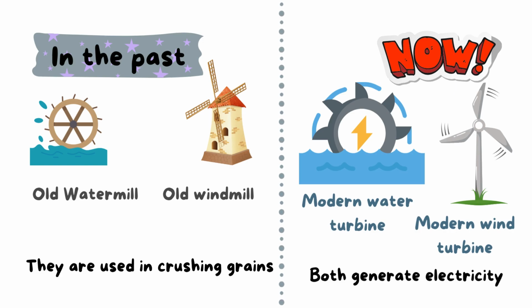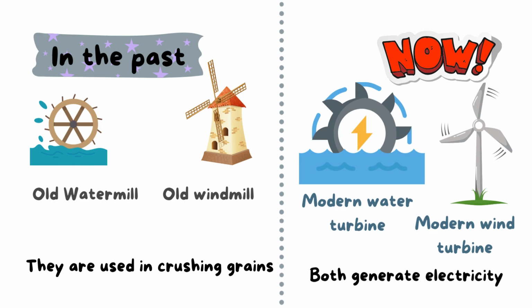Okay, and we know that these machines work by the movement of the wind or the water, and both of them are renewable resources of energy. And recently we use wind and water, which are renewable resources of energy, in modern wind turbines and modern water turbines to generate electricity.